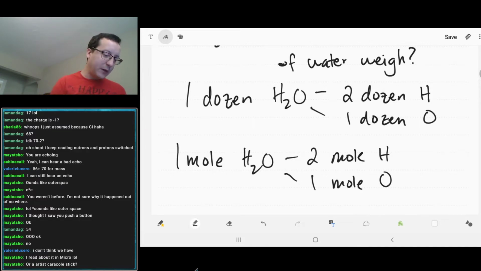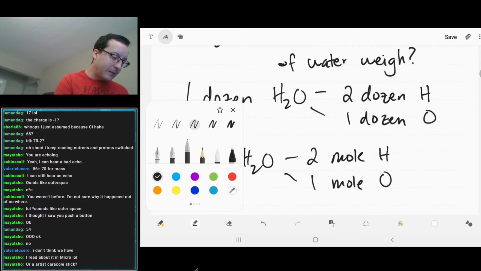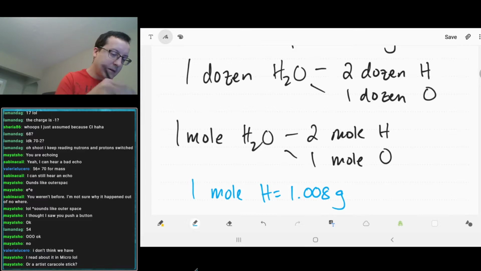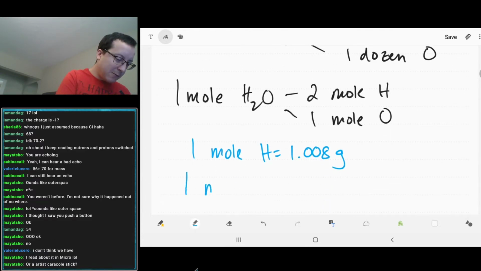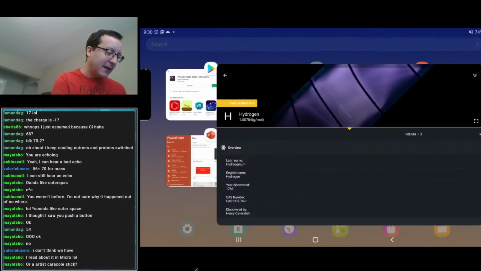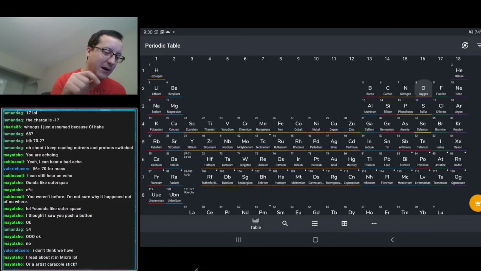And so, if we know that each mole of hydrogen was 1.008 grams, and 1 mole of oxygen was 16 grams. Again, I've gotten that number from the periodic table. This particular number, maybe it's going to be like 15.9999999, whatever.